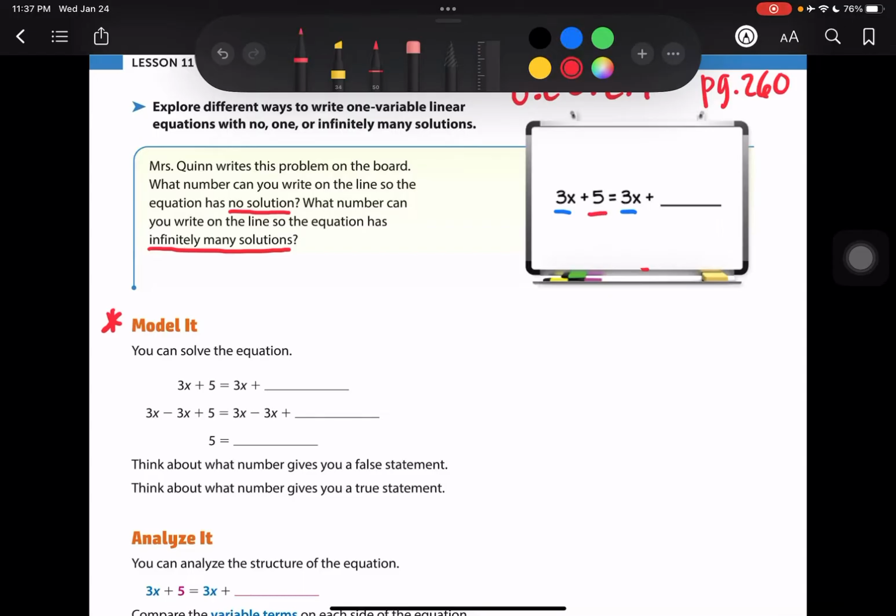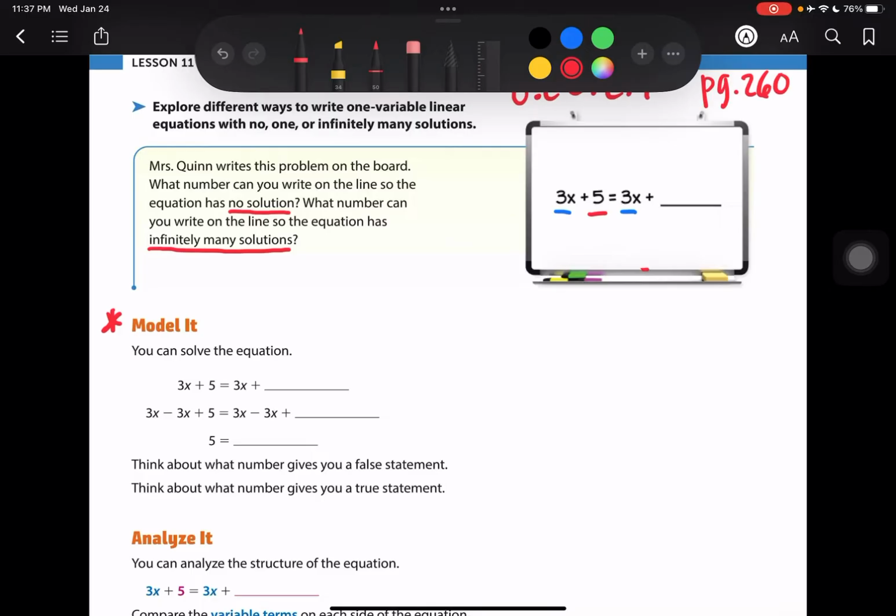The constants are the integers, which are whole numbers and their opposites. To write a number on the line for no solution, you could write any number other than 5. It could be a number greater than 5 or less than 5.